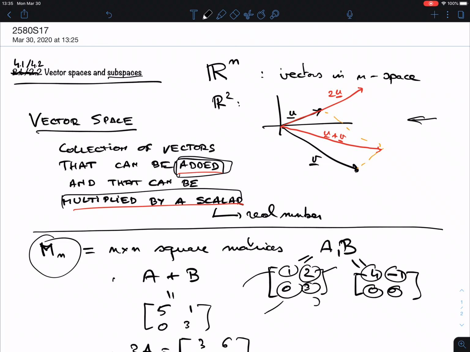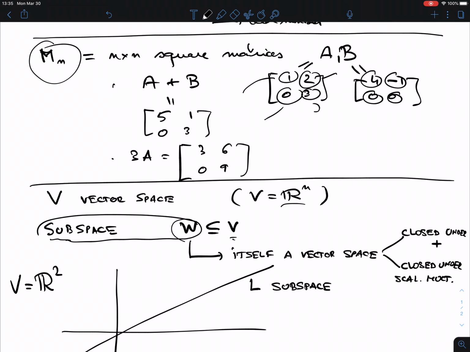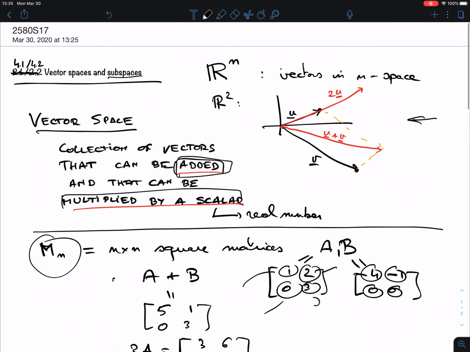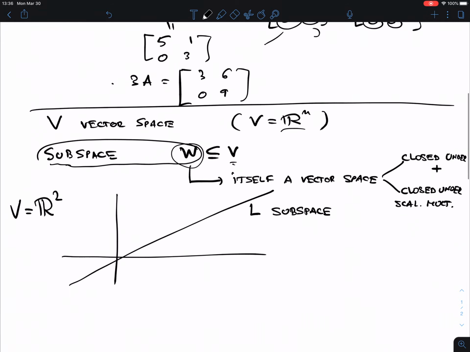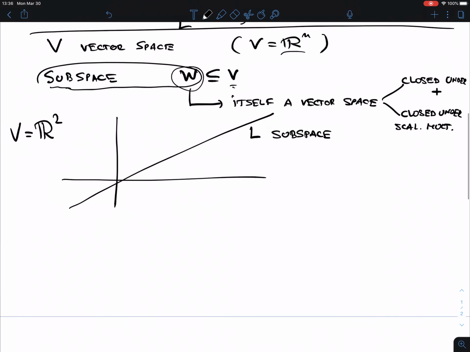So if this W is supposed to be a vector space, it means that if you take two vectors in W and you add them, it should be a vector in W. And you must be able to multiply any vector by a scalar, and for W to be a vector space, therefore, if you take any vector in W and you multiply it with a scalar, it should be back in W. So that's what it means to be closed under addition: if you take two elements in W, the sum is again in W. And closed under scalar multiplication means if you take a vector in W and you multiply it with a scalar, it's again in W.